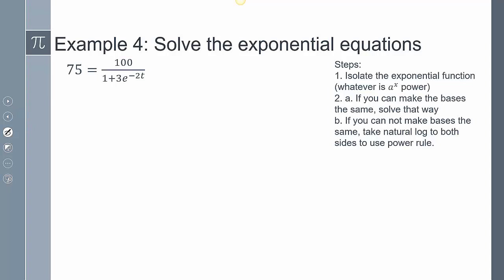Example number 4. We have x in the denominator, well, or not x, but our variable t in the denominator. We got to get it out of the denominator, so I can multiply both sides by this 1 plus 3e to the negative 2t.